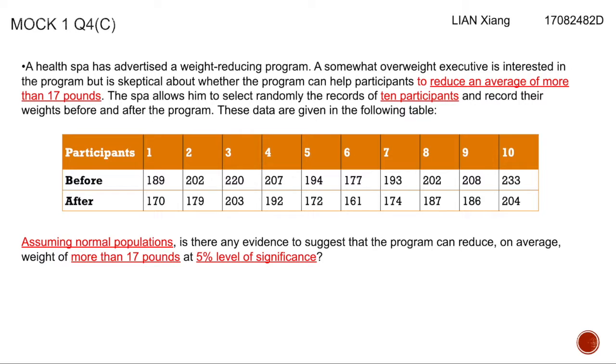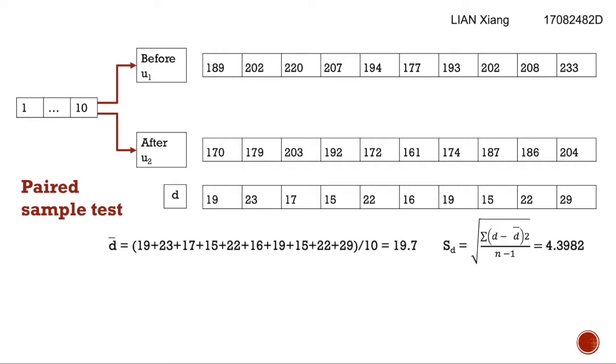So the question is, assuming normal populations, is there any evidence to suggest that the program can reduce, on average, weight of more than 17 pounds at 5% level of significance? Drawn from the question description, we know that there are 10 participants in the sample, and their weights before the program are 189, 202, 220, 207, 194, 177, 193, 202, 208, 233.